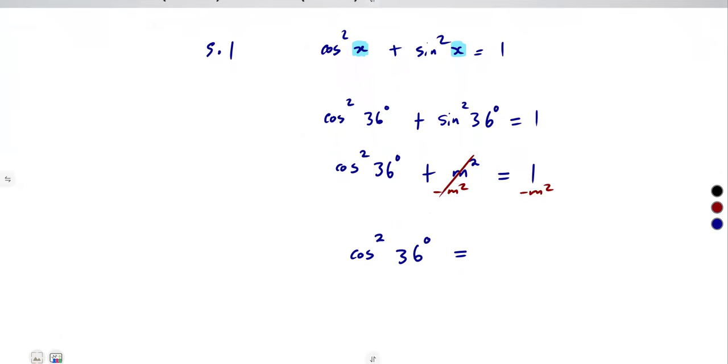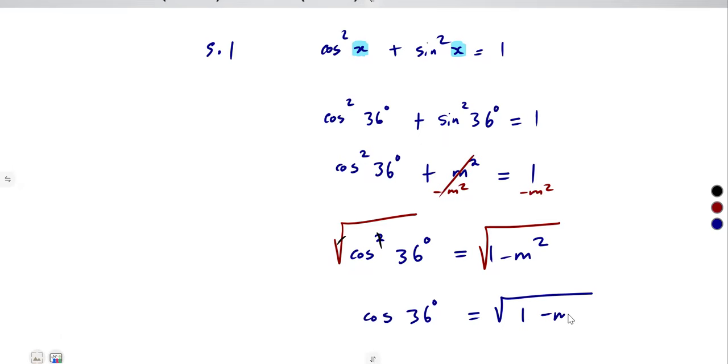To get rid of the square, we use the square root. So cos 36 will be equal to the square root of 1 minus m squared.